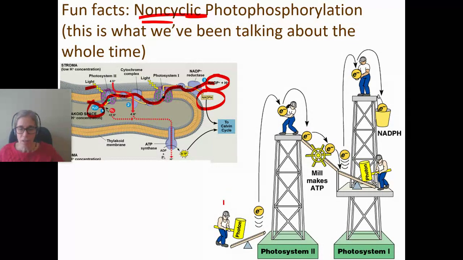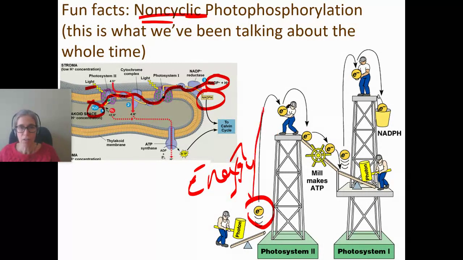It's one direction. So just to review that, if you're looking at the energy levels here, a photon pumps an electron from water up to a higher energy level. That electron goes through an electron transport chain. The energy is released along the way because the electrons go to more and more electronegative molecules, and that energy is used to make a proton gradient, which then makes ATP.